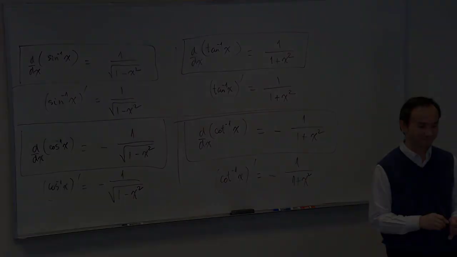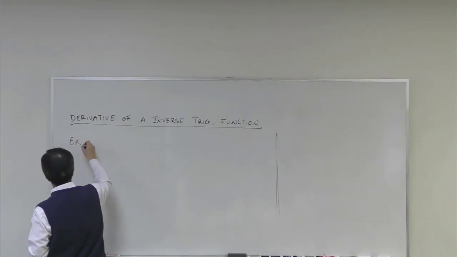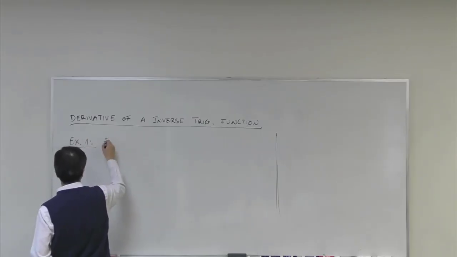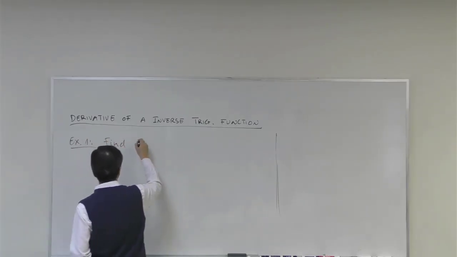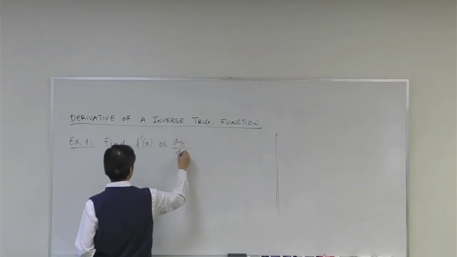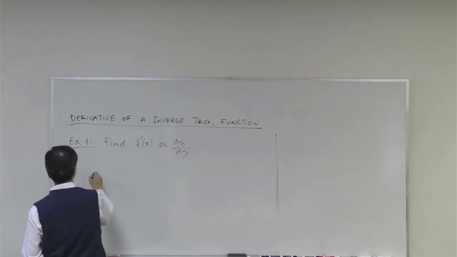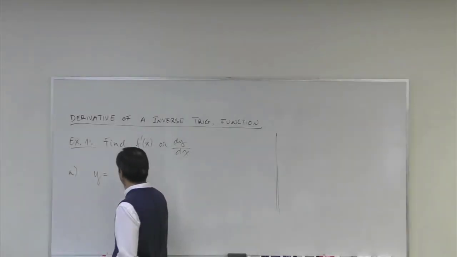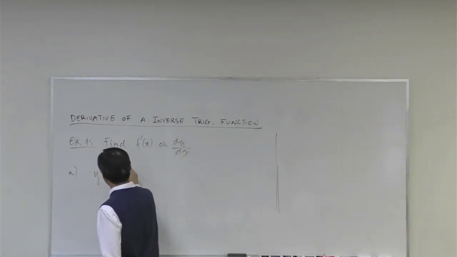Okay? Let's look at one example, a couple of problems. Example 1 here. Let's find the derivative dy/dx. Part A, our function here is y equals sine inverse of 3x to the fourth.